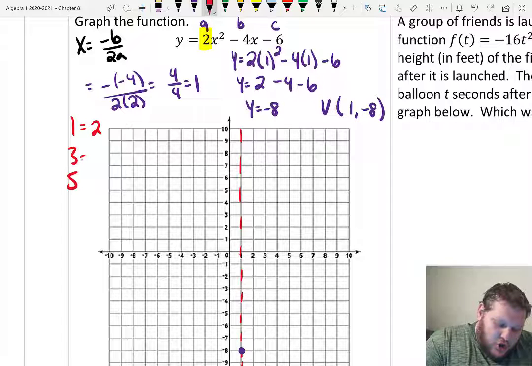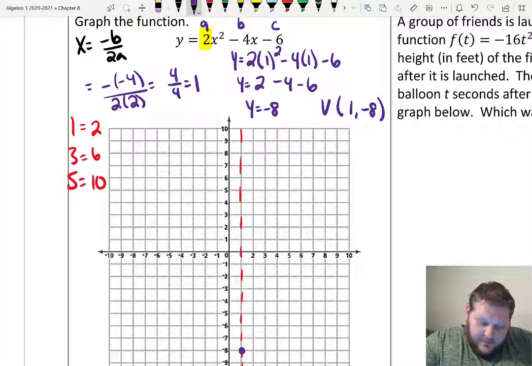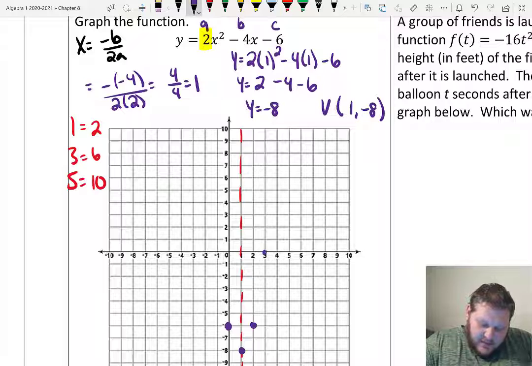That gives me 2, 6, and 10, because our A value is 2, so we're multiplying by 2. From my vertex, down there at negative 8, we go up 2 over 1, up 1, 2, 3, 4, 5, 6 over 1, and then up 10 over 1, which is all the way up there.